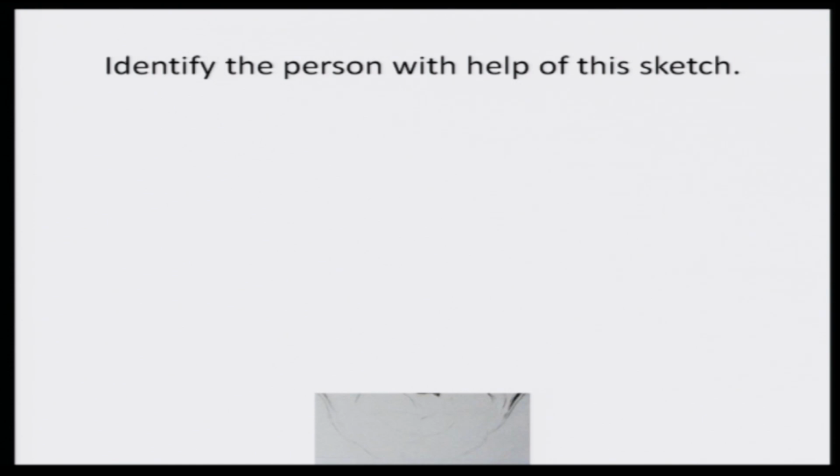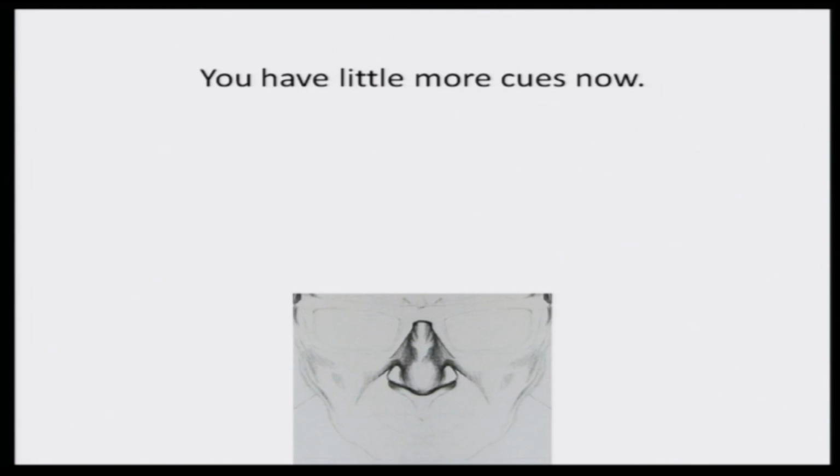I ask you to look at your screen and, based on the sketch that you see at the bottom of the screen, identify the person, and I am sure none of you would be able to identify the person. I add a little bit to it and I say, can you now identify the person, given that you have a little more cues? Perhaps some of you might make a guess.